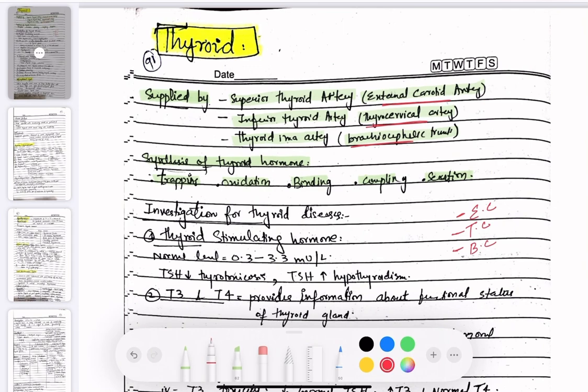First of all, trapping occurs, then oxidation, then binding, then coupling, and then secretion. These are the steps of synthesis of the hormone.